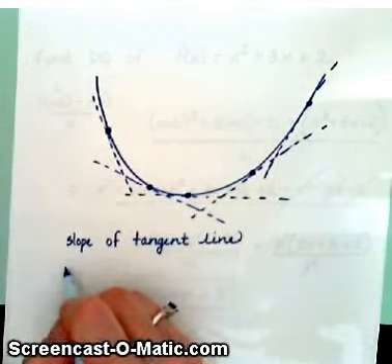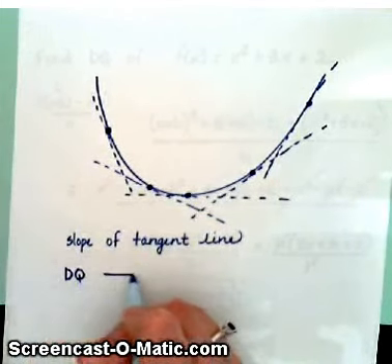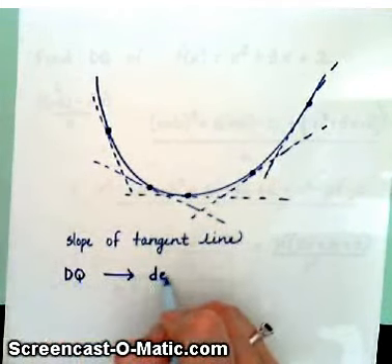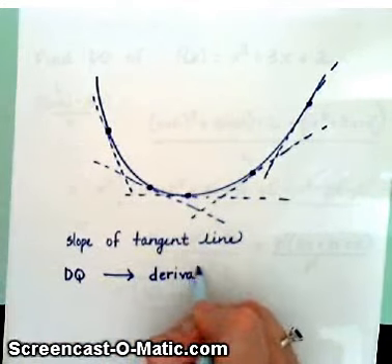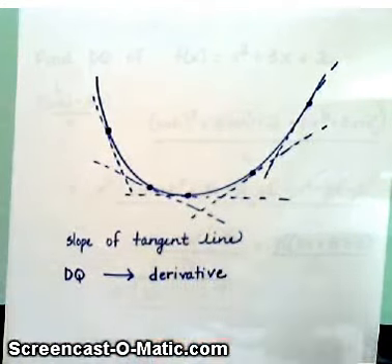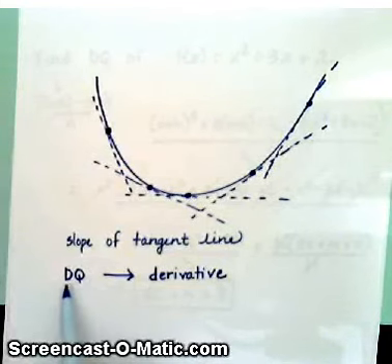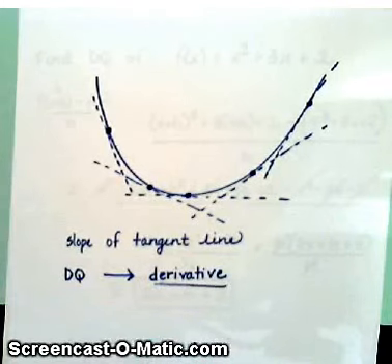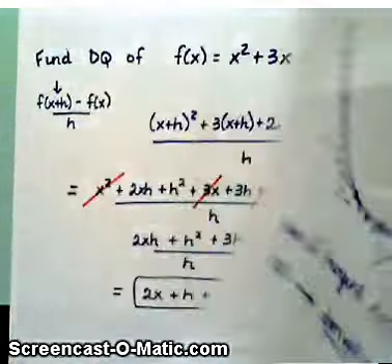Now, the difference quotient is used to find something called the derivative, and the derivative measures the rate of change. So the difference quotient is an important idea in calculus used to find the derivative. Now I've just got a few seconds left, so let me see if I can bring this all home.